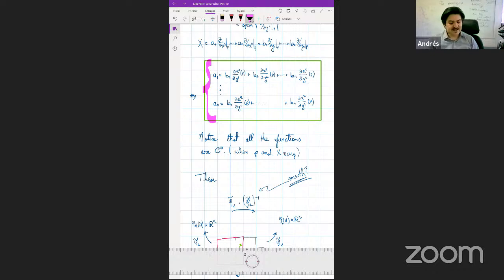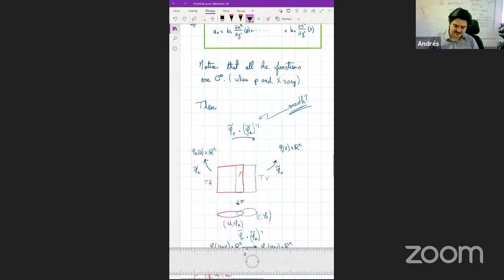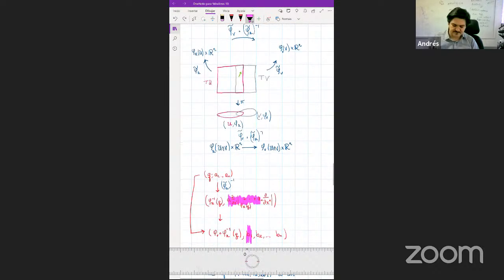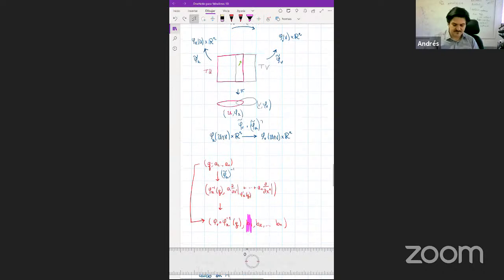You will get dy over dxi. Okay, so this is smooth, this entry is smooth, and so on.